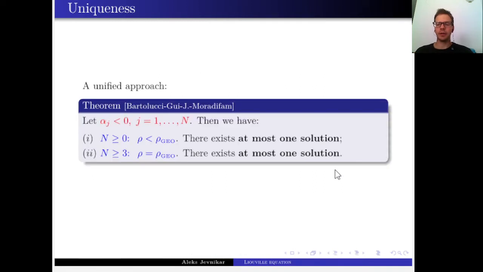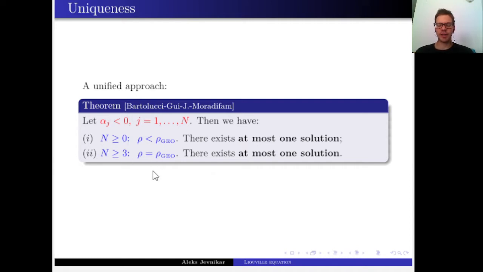Okay, so our result is the following, in collaboration with Daniele Bartolucci from Rome, Changfeng Gui from Texas, and Amir Mardavifam from California. We again take all alpha j to be negative, and suppose you have n conical points.